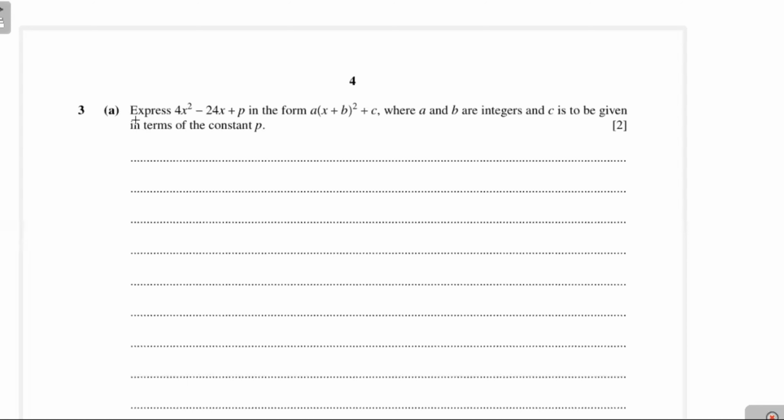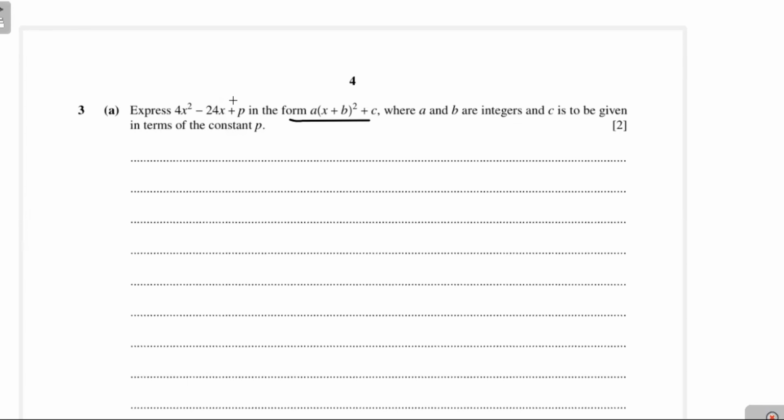Now question number 3, part A, express 4x square minus 24x plus p in the form of a into (x plus b) power 2 plus c, where a, b, c are integers. Now c is to be given in terms of the constant p.